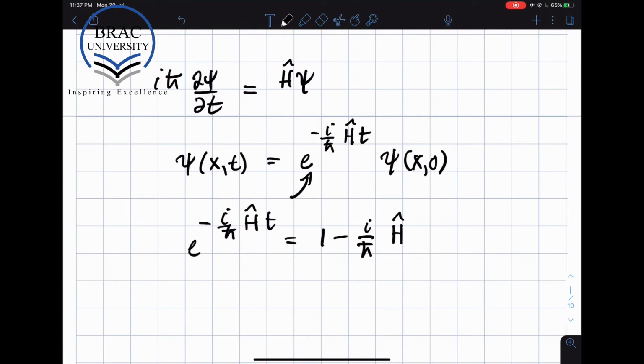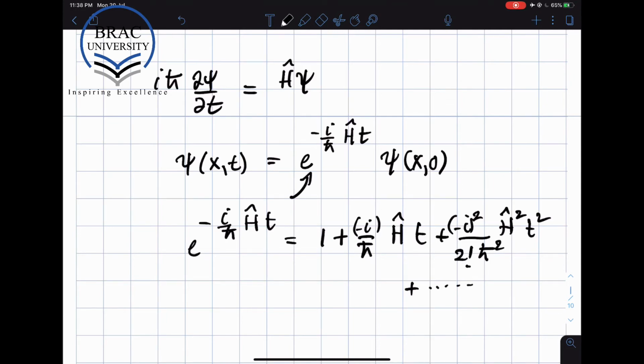This is the definition of this object. There should be a minus here. Yeah. All right.